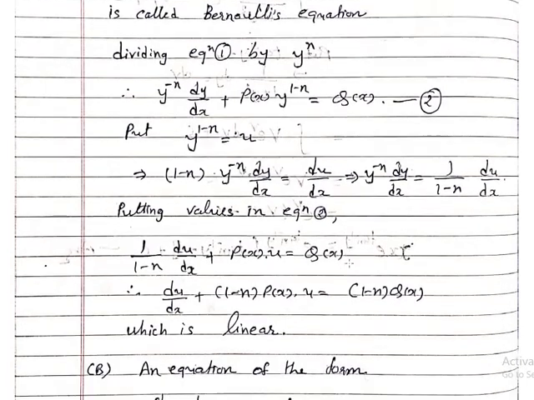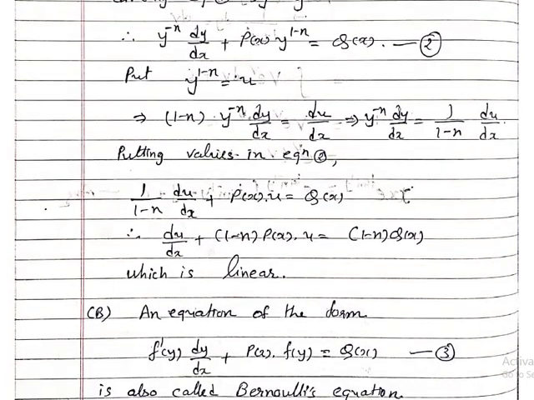Now what we are going to do is assume that y raised to 1 minus n is equal to u. Whatever the term with px, that will be u. So y raised to 1 minus n is u. Differentiating with respect to x, that will give 1 minus n y raised to minus n dy by dx is equal to du by dx. And that will give you y raised to minus n dy by dx is equal to 1 upon 1 minus n du by dx.